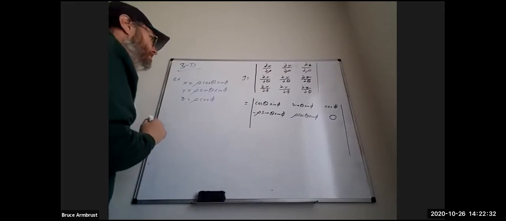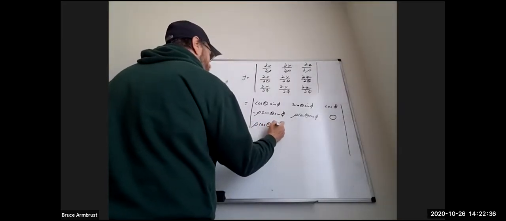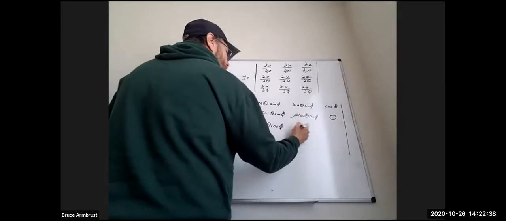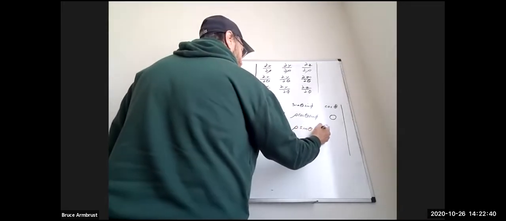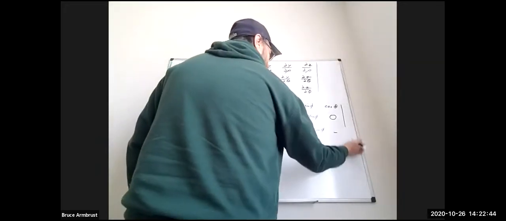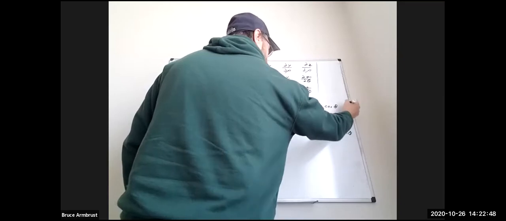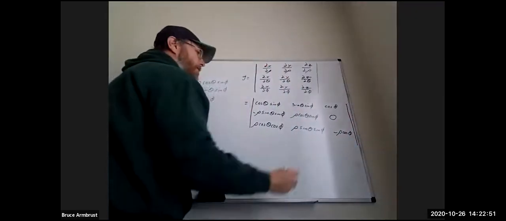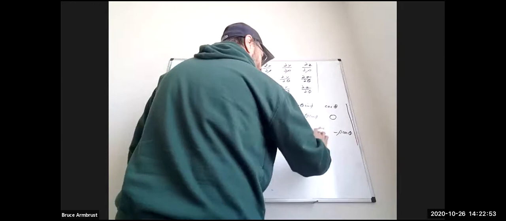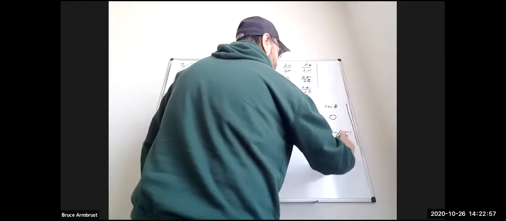And then when we go to the phis, we get rho cosine theta cosine phi, rho sine theta cosine phi, and then minus rho sine phi.